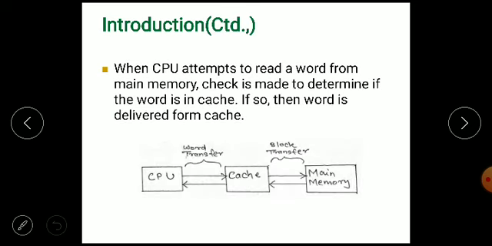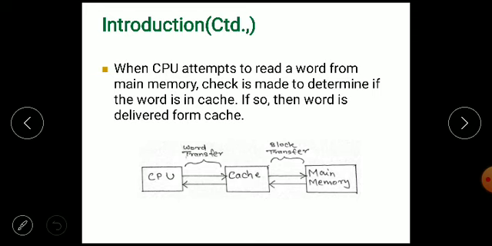Next, when the CPU, that is the processor, attempts to read a word from the main memory, it will check whether it is in the cache memory. If it is in the cache memory, then the word is delivered from the cache.